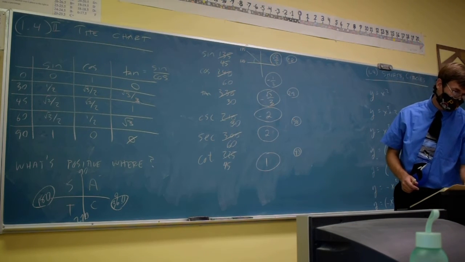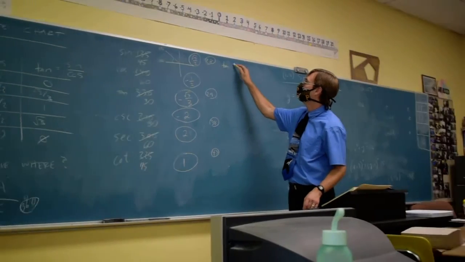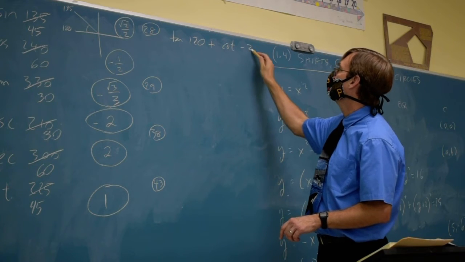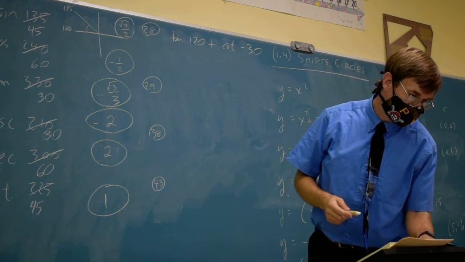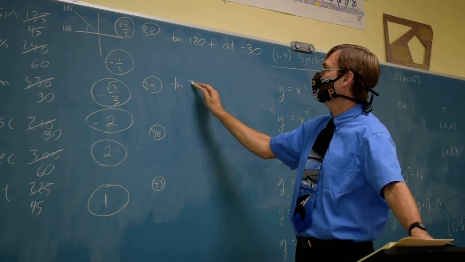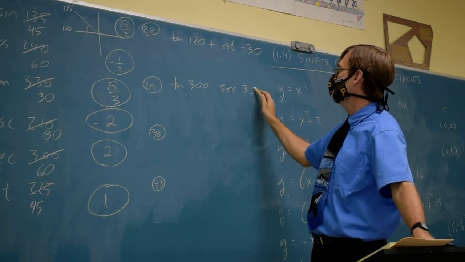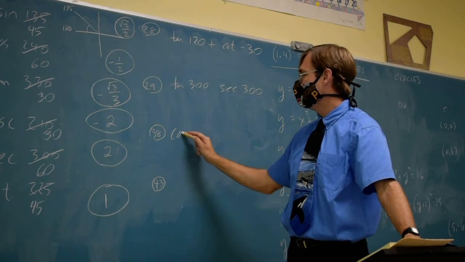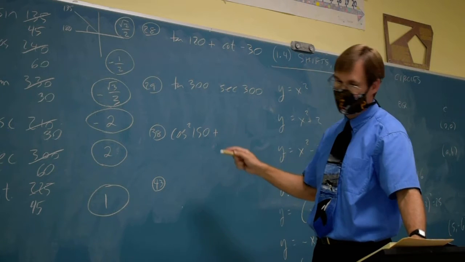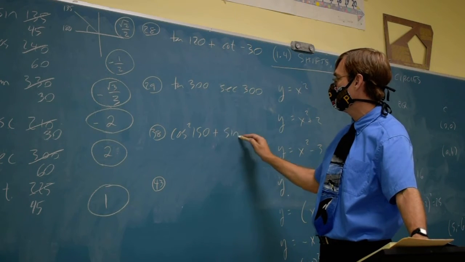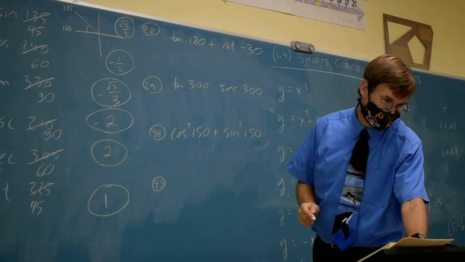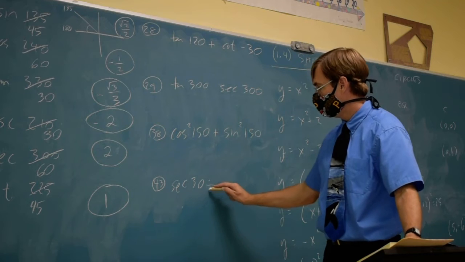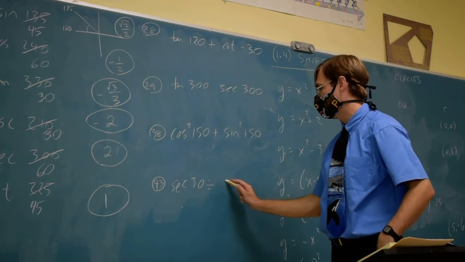So I'm going to start with 28, which has tan 120 plus cotan negative 30. 29 has tan 300 times secant 300. 38 has cosine squared 150 plus sine squared 150. 43 has secant 30 divided by cosine 30.